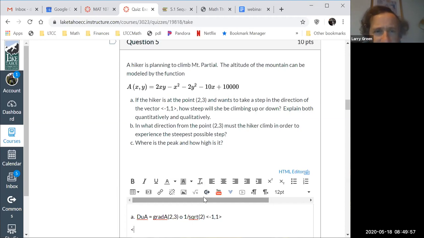And that's 2y minus 2x minus 10, comma. And then the second coordinate is going to be 2x minus 4y.